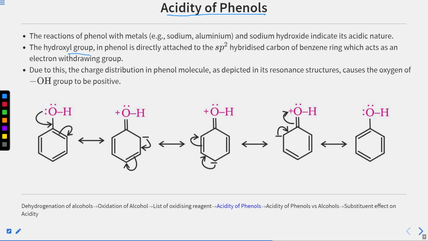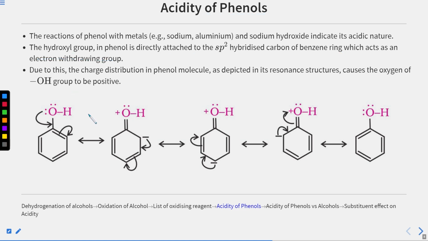The hydroxyl group in phenol is directly attached to the sp2 hybridized carbon of the benzene ring, which can act as an electron withdrawing group. For a substance to be acidic, there should be a withdrawing group. If an electron withdrawing group is present on your substrate, it will make your substrate more acidic. And its lone pair is delocalized over the ring.